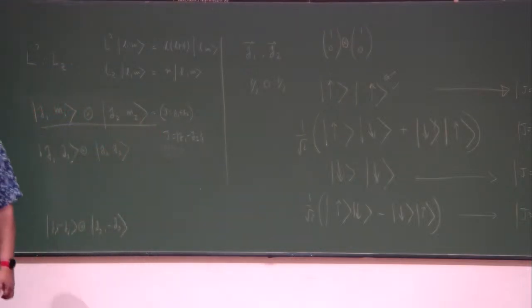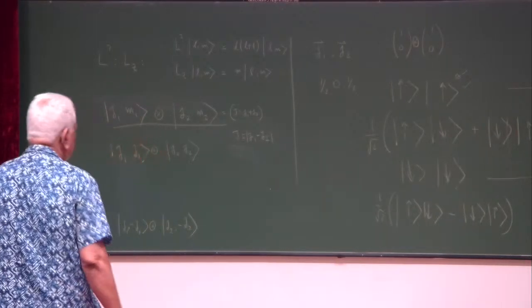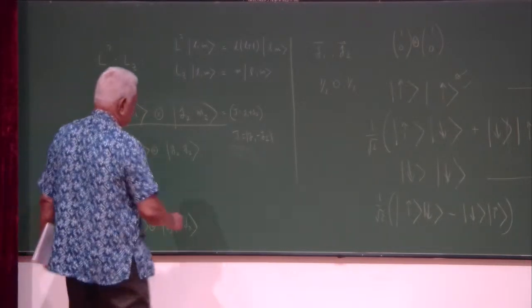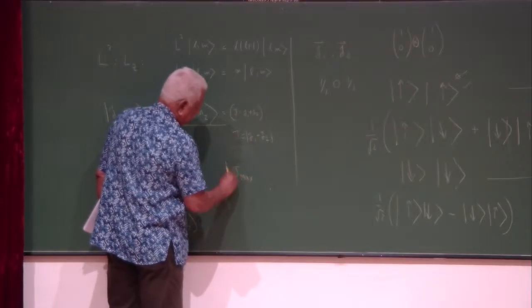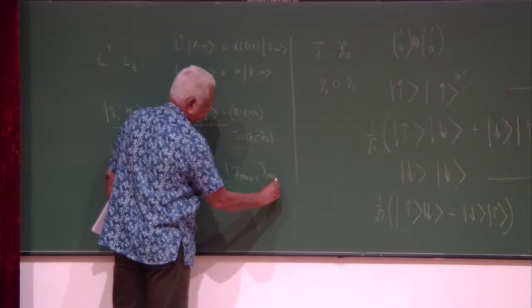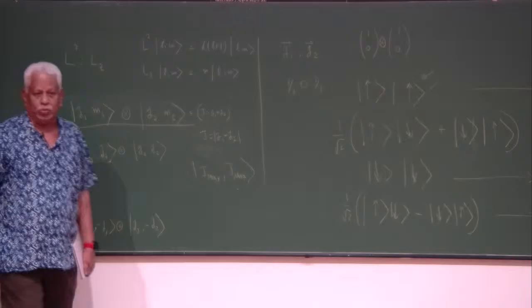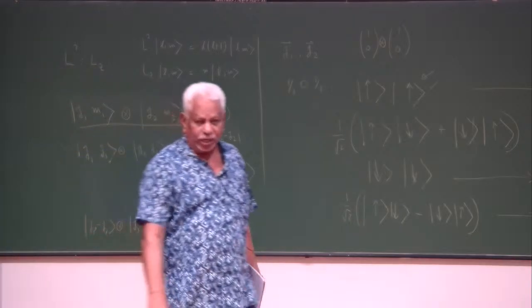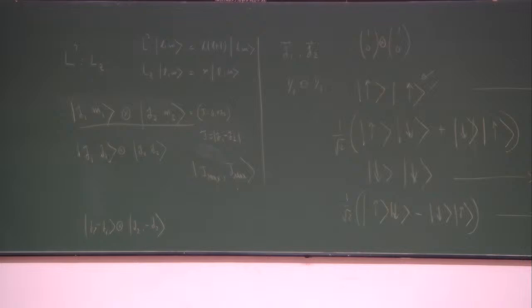This corresponds to J max and J max state. This state corresponds to maximum value of J, and the magnetic quantum number is also maximum. That is unique, correct?